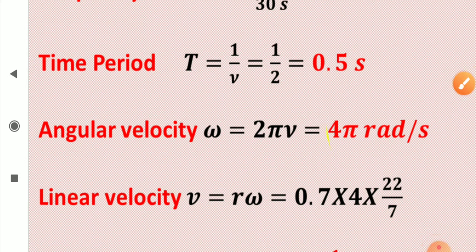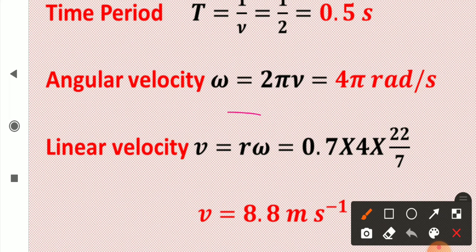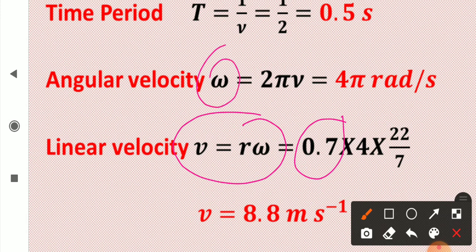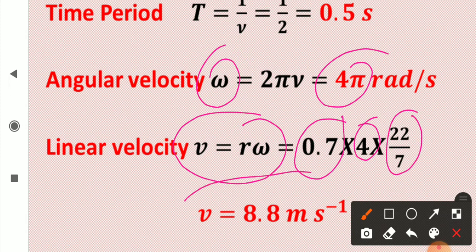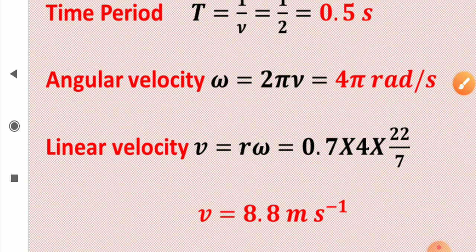Now, linear velocity, v is equal to r omega. R is given to be 70 centimeter. So 0.7 meter. Convert to SI unit and put the value of omega from here, which is 4 pi, and pi is 22 upon 7. So you simplify it and the velocity comes out to be 8.8 meter per second.